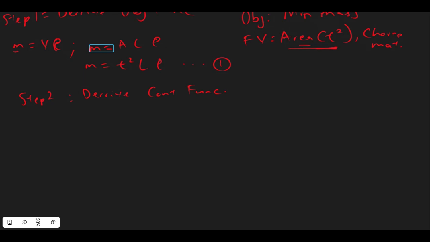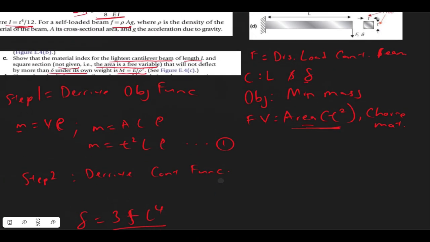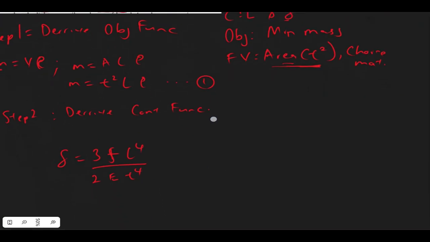So in the last case, where we did this particular equation in question B, that's what we're just going to write out. Deflection is given as 3 F L raised to power 4 divided by 2 E t raised to power 4. That's if you include EI over 12.